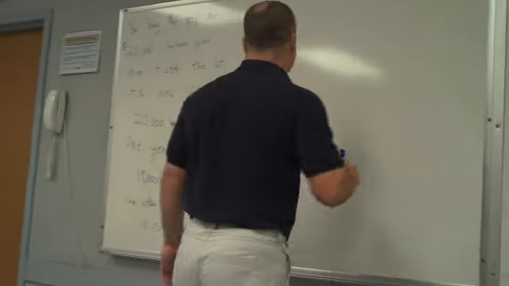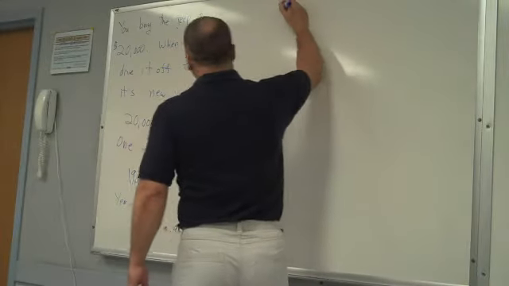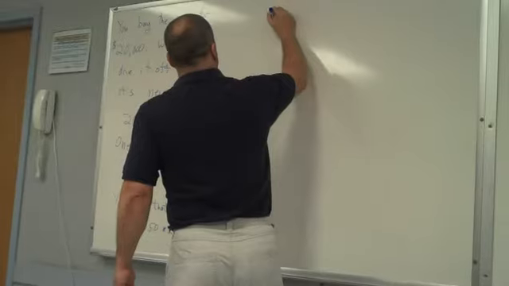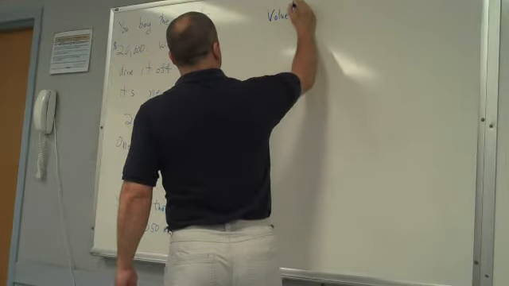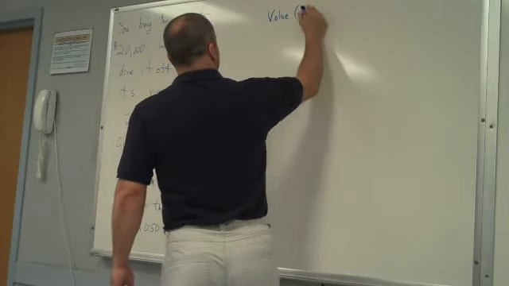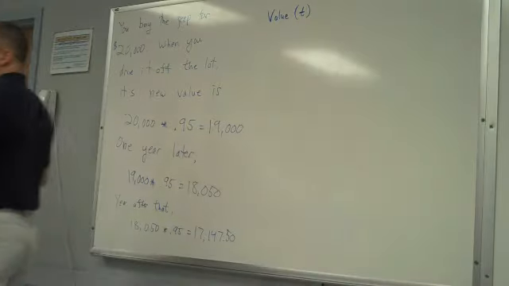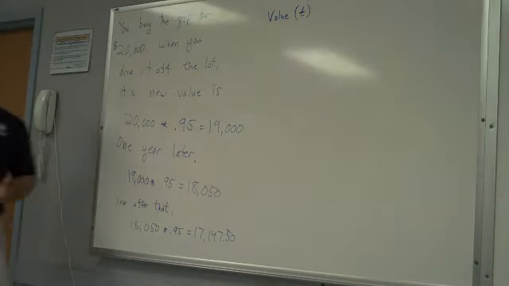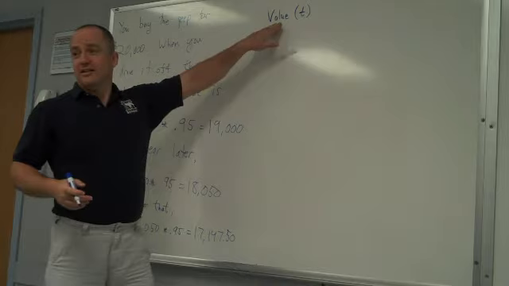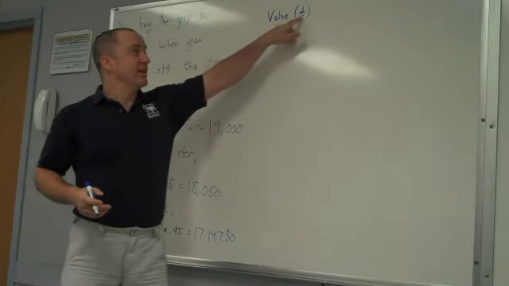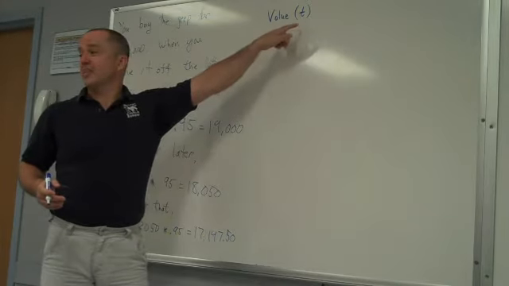All right, so what we're doing is the value of the Jeep over time. If you guys didn't like f of x or g of x, check this out. Now I'm using a whole word instead of f or g, and I'm using time instead of x.